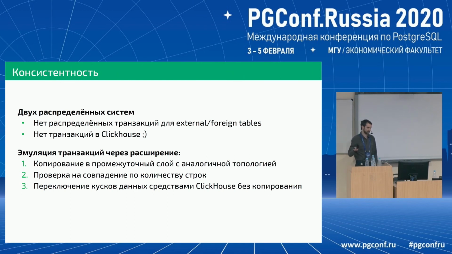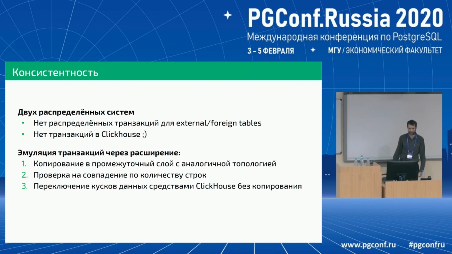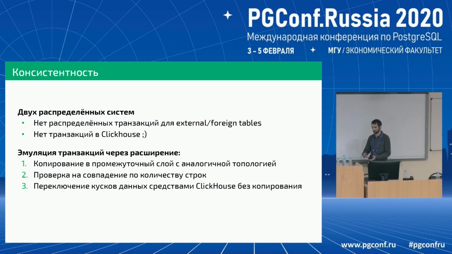We copy an intermediate layer into ClickHouse, and it should have the same topology. We check the number of rows. We can switch pieces of data by ClickHouse means without copying, and by doing so we can make sure that everything is okay.